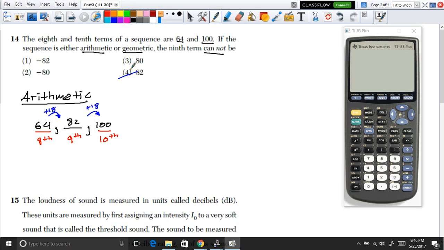So now let's look at geometric. On the geometric case, we still have the same, so it's going to be 64. And then we don't know the 9th term, and the 10th term is still the same, which is 100. Now, if it's geometric, we're not looking for addition or subtraction, we're looking for multiplication.